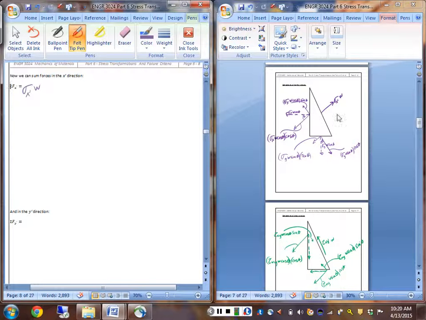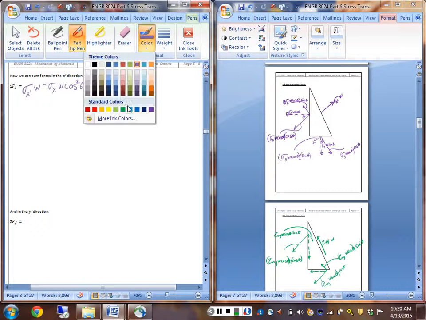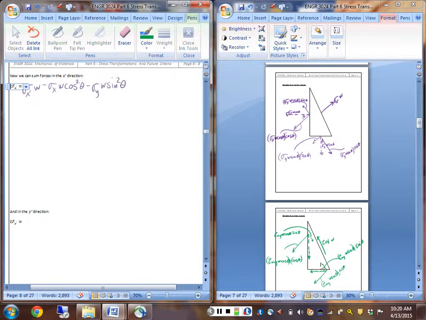Can you see the mouse on there? All right, so we need now a minus that guy and minus that guy. So minus sigma x w, and that's a cosine squared theta, and a minus sigma y w sine squared theta. And now we go grab the stuff off of the shear.